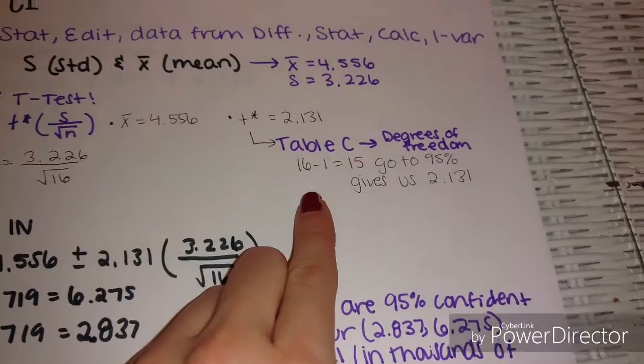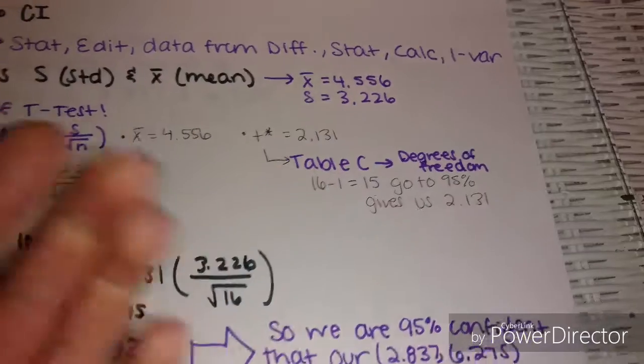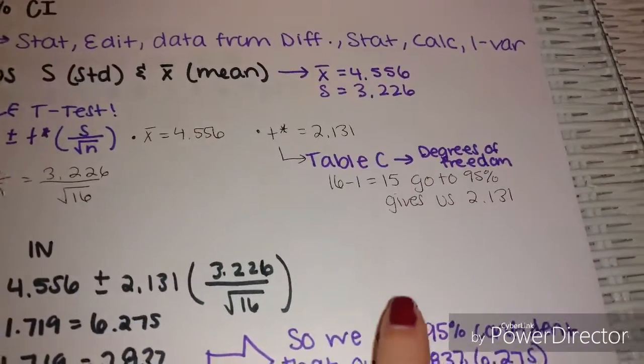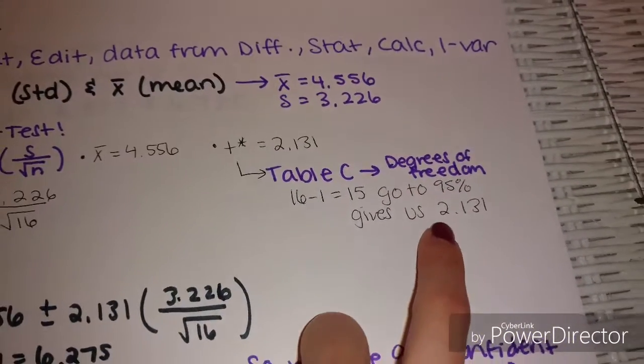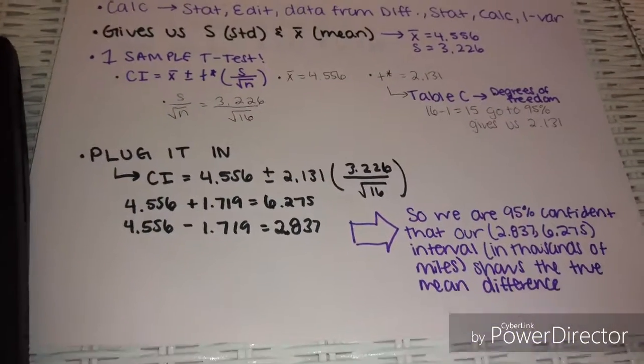So we do 16 minus 1 equals 15, and we go to 95% because they're asking for a 95% confidence interval. So we go to that in our Table C in the textbook, and that gives us 2.131. And then we plug it in.